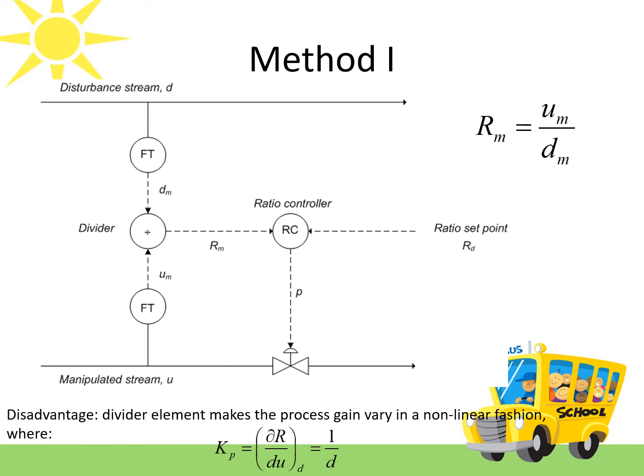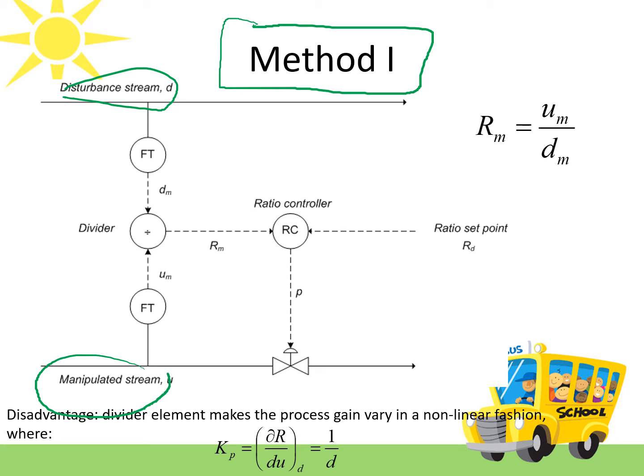Okay, a ratio control can be implemented using two methods. This is the first method, where we measure both the disturbance stream and the manipulated stream. Then the measured ratio Rm is equal to the measured manipulated variable over the measured disturbance variable.